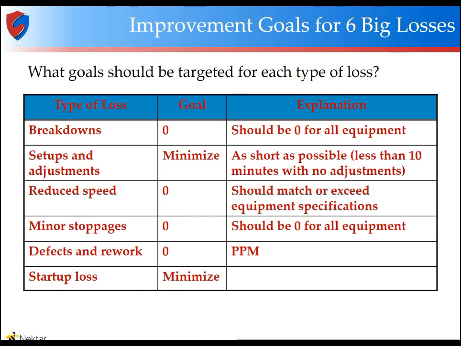Okay, there are 6 major losses, and for those major losses that we've gone over, there are targets. And the target is 0 for 4 of them. We want 0 breakdowns. We want no reduced speed, no vibration. We want the equipment running at its rated speed. No minor stoppages. We only want the equipment going down when we shut it down.